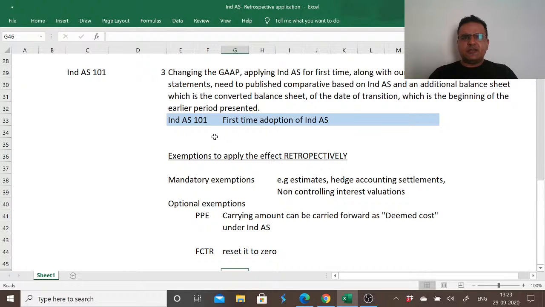Mandatory means we'll never apply the effect retrospectively. Optional means if we wish, we can apply the effect retrospectively. If we do not wish, we can follow the principle mentioned in Ind AS 101 and can avail the exemption available in Ind AS 101 to apply the effect retrospectively, and we can move on and we'll be able to present one more balance sheet of the beginning of the earliest period presented.